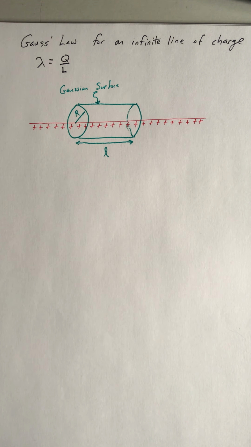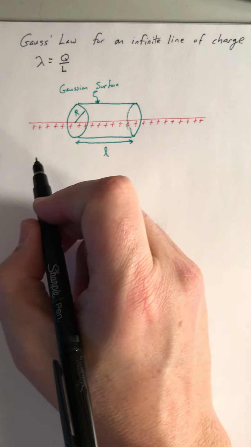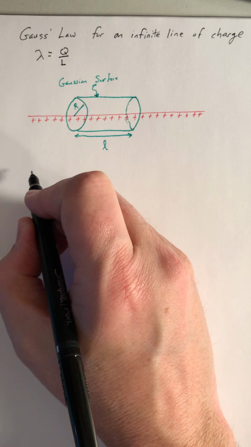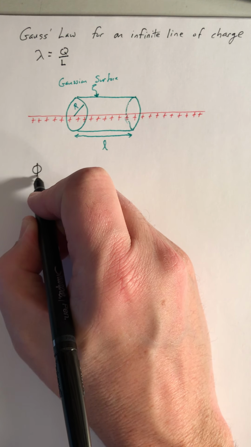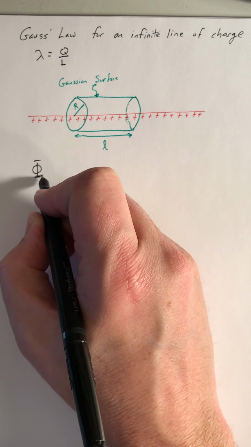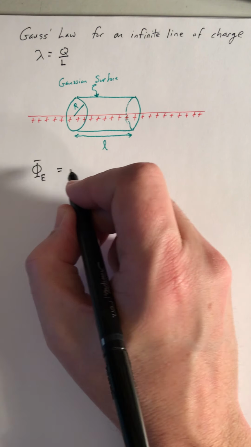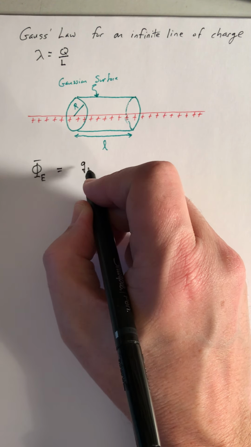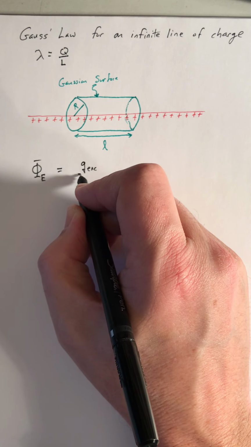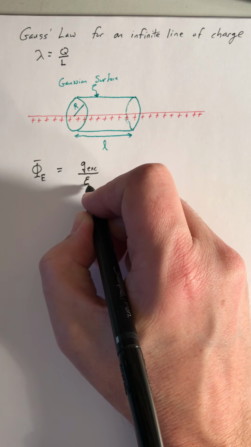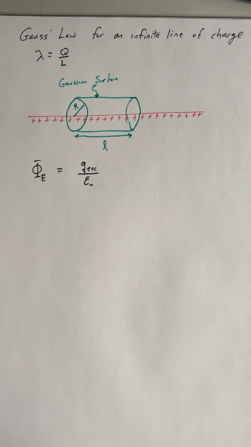And applying Gauss's law. So Gauss's law is going to tell us that I add up all of the flux of the electric field through my cylinder, and that has to equal how much charge is enclosed by the cylinder divided by the permittivity of free space.